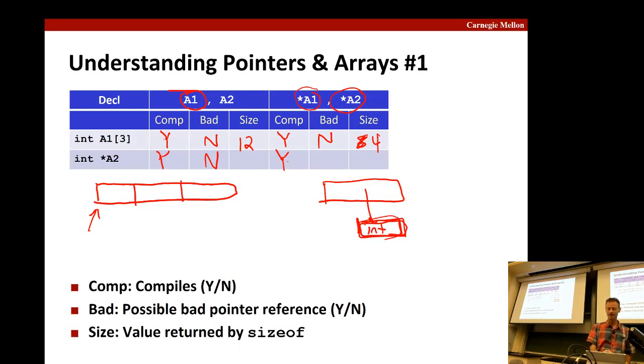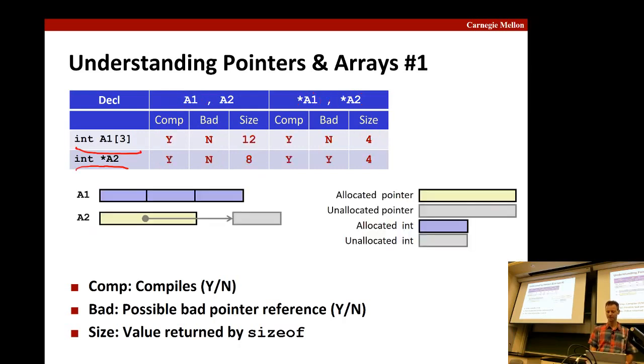What about size? The size of the entire thing is the size for a pointer. But if I dereference it, the size is the size for an int. And if I did this right, then it should match this chart.